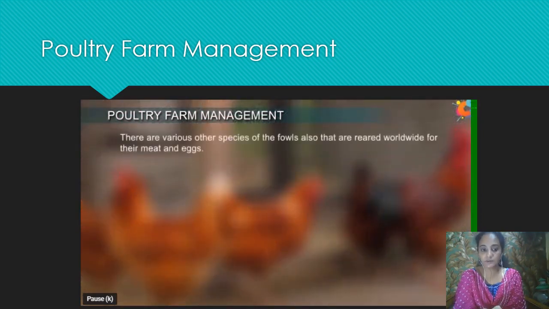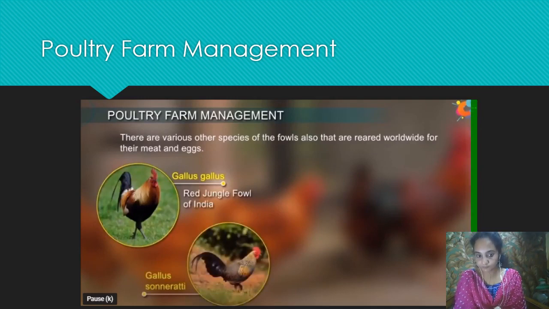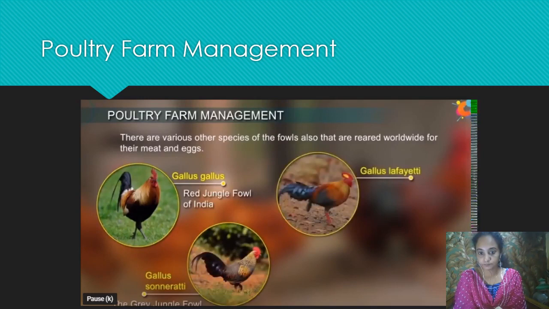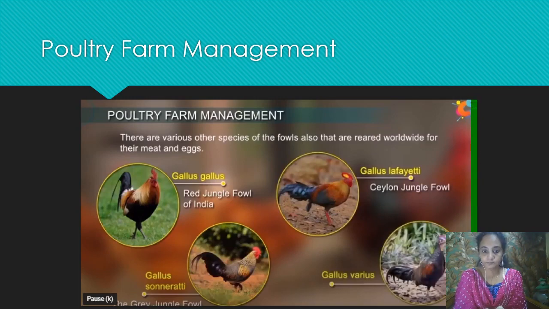There are various other species of fowls also that are reared worldwide for their meat and eggs. These are Gallus gallus, also known as red jungle fowl, Gallus sonneratii, commonly known as the grey jungle fowl, Gallus lafayettii, commonly known as Ceylon jungle fowl, and Gallus varius, commonly known as Java jungle fowl.